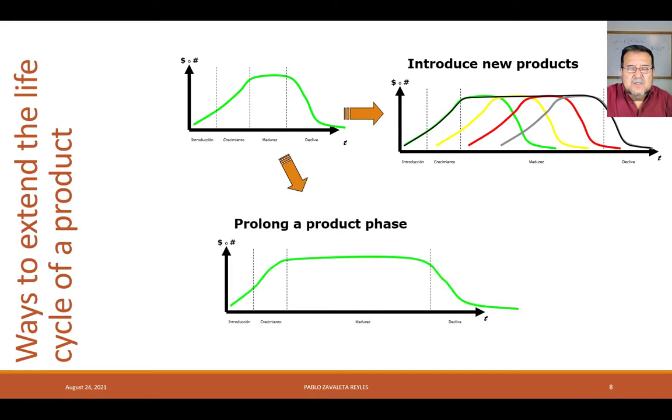Another is just to prolong that product's phase. For example, we can search for new markets, and the same product, then we keep on selling it and we maintain it in that maturity phase.